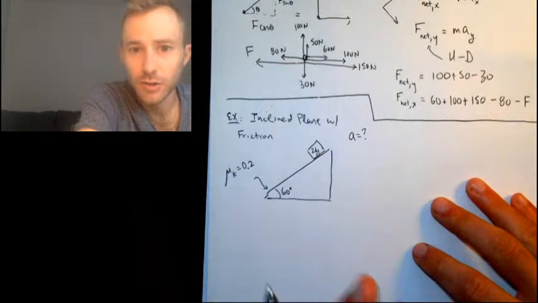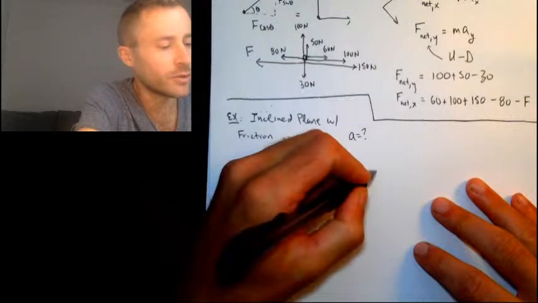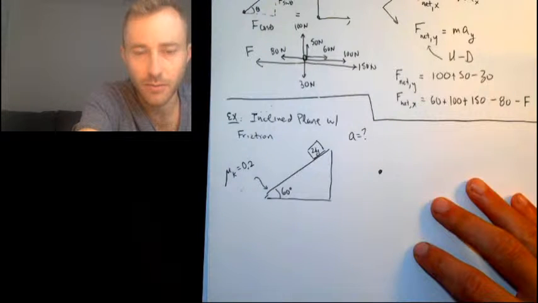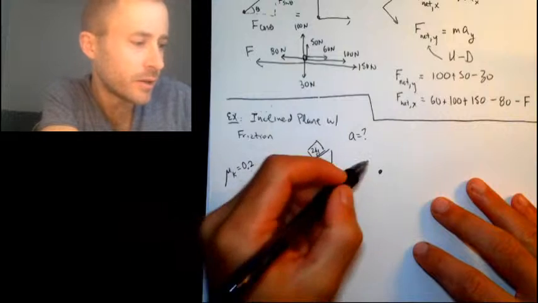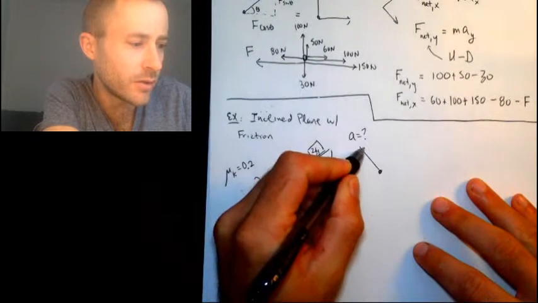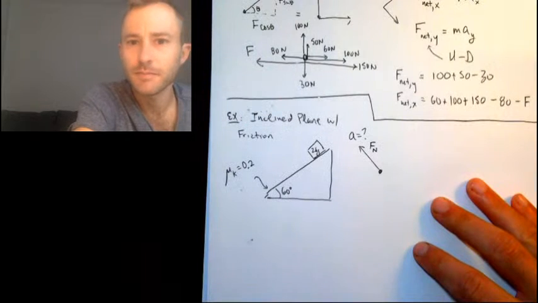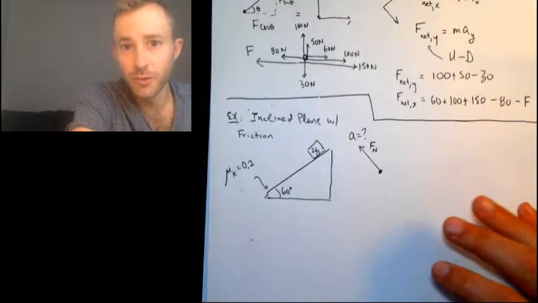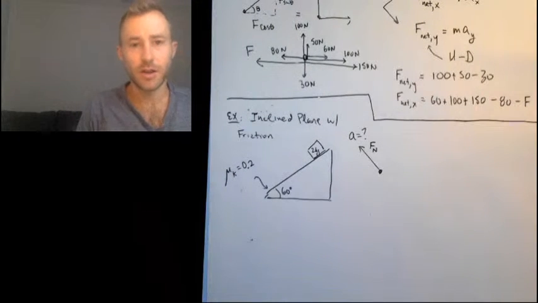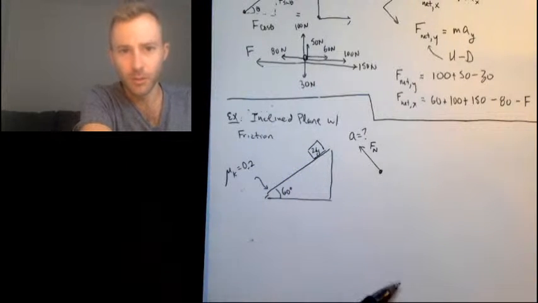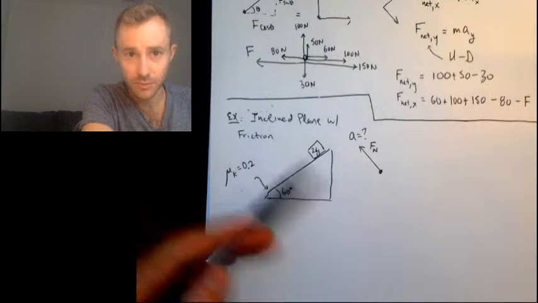So we want to draw a free body diagram of the scenario here. First of all, there's a normal force, F sub n. The normal force doesn't always point up and down. It points perpendicular to the surface, so because this is a slanted surface, the normal force is slanted.